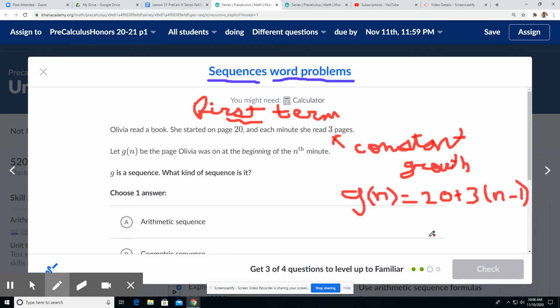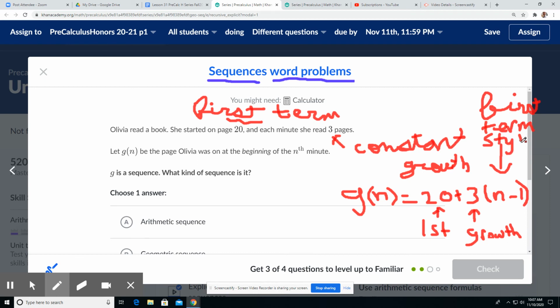So this is our first term. There's our growth. And then this is the first term context. I'll call it style or formula.